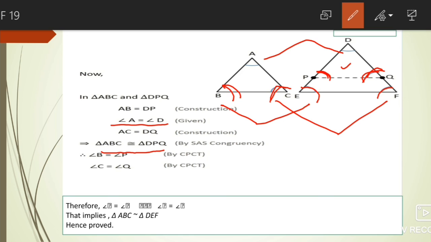That means three corresponding angles are equal, so triangle ABC is similar to triangle DEF. So this theorem is also proved.